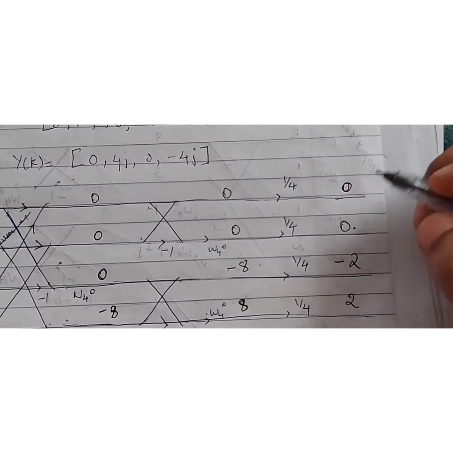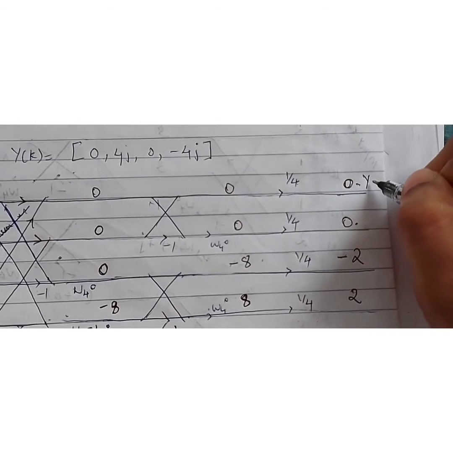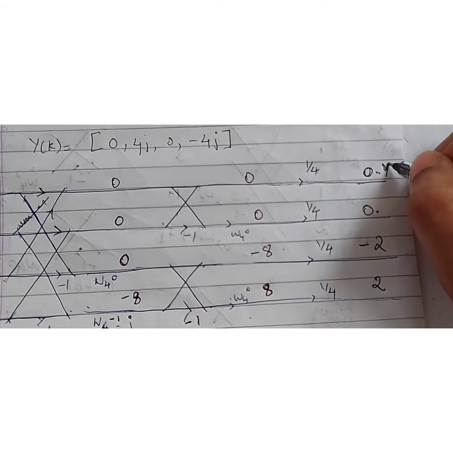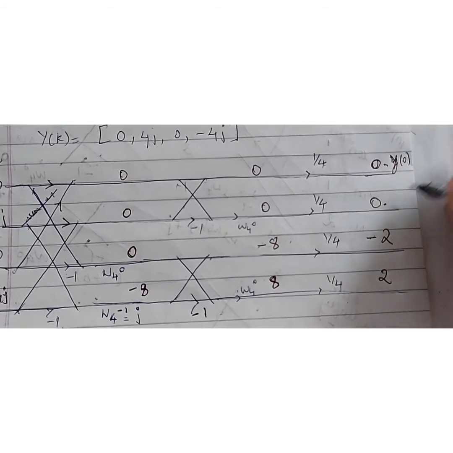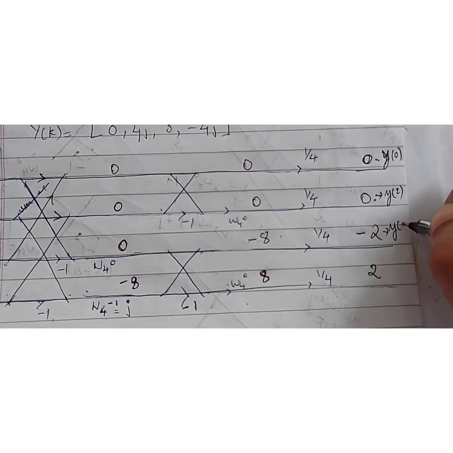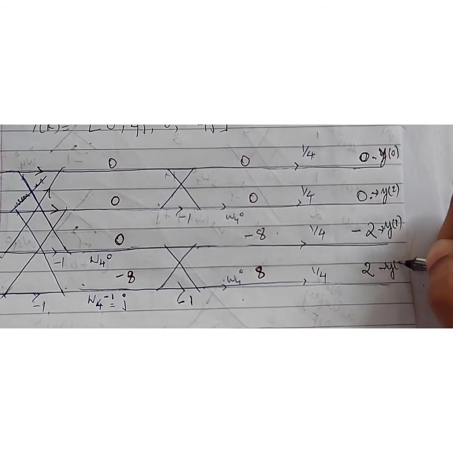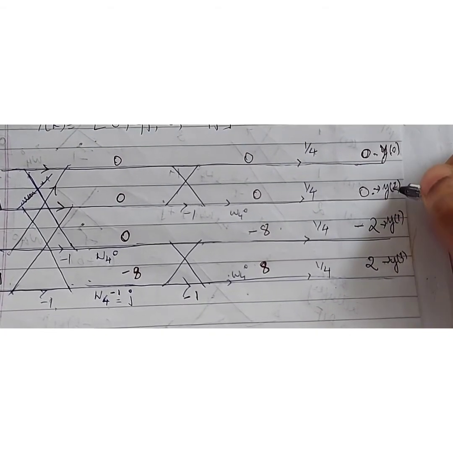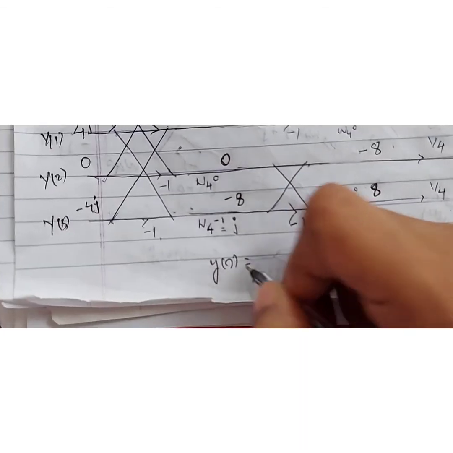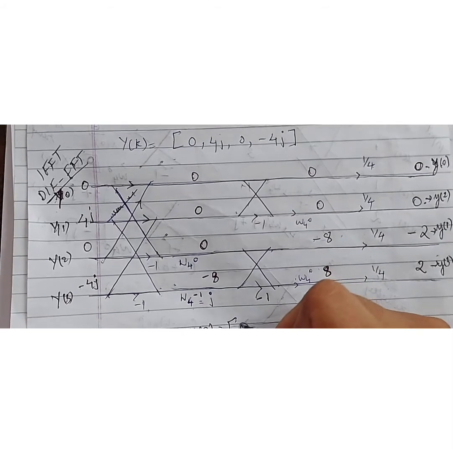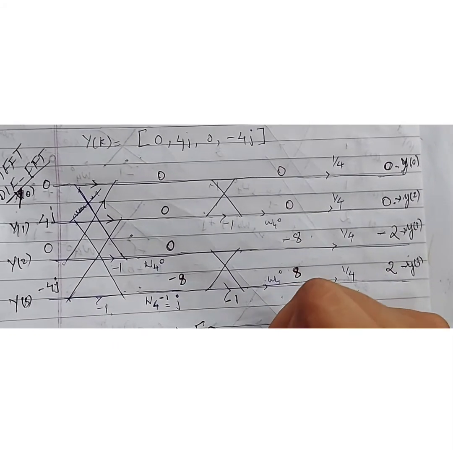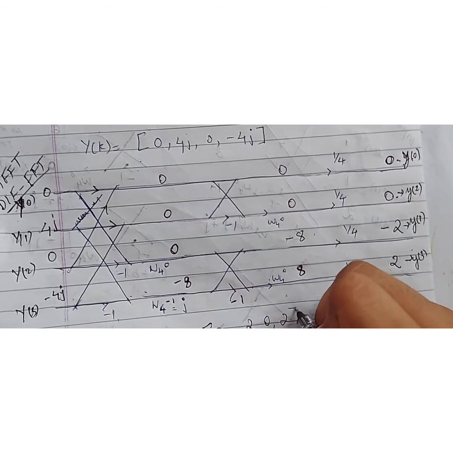So we know the output is bit reversed, that this is your small y of 0, this is y of 2, this is y of 1, this is y of 3. 0, 1, 2, 3. So your actual y of n answer is nothing but 0, minus 2, 0, plus 2.